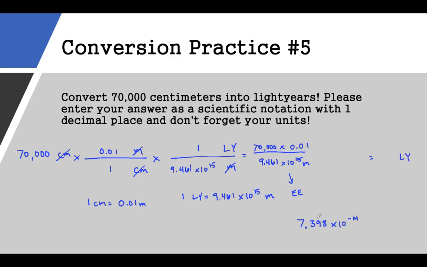It is a 3, but my 9 rounds that up, so I am going to write it as 7.4 times 10 to the negative 14th light years. That is your final problem and the very end to your conversion practice.